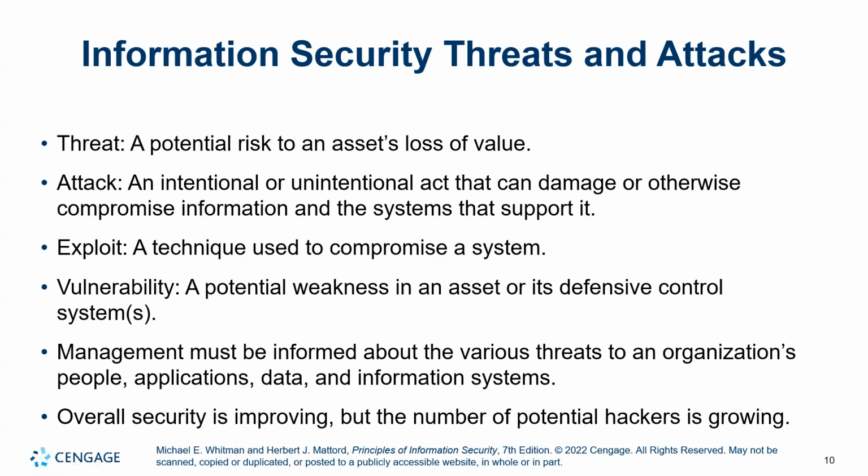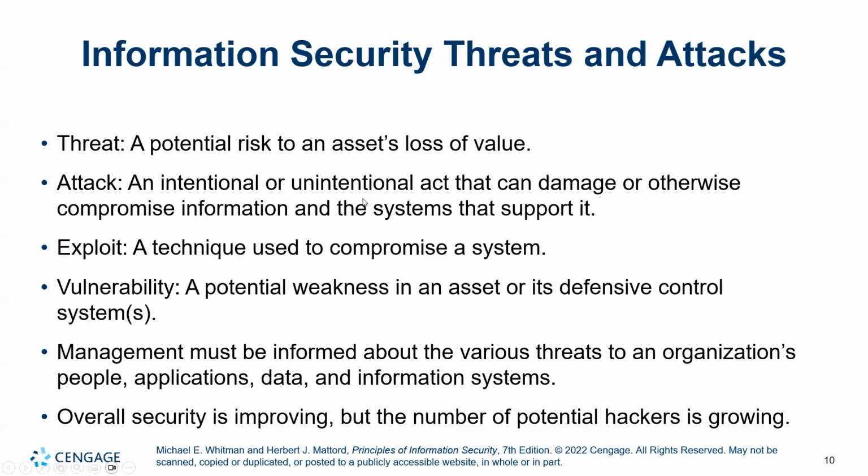Does everybody understand what I'm saying here? A threat is a slightly different idea, and it's broader. What I want you to understand is that it's not always an active person, or it's not always malicious software. Sometimes it's an environmental thing.